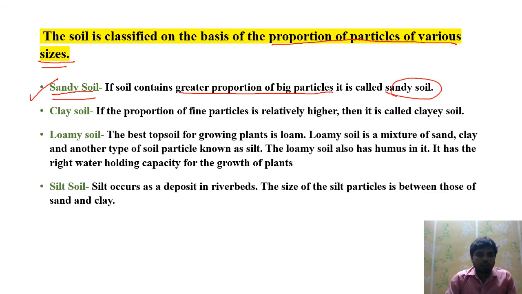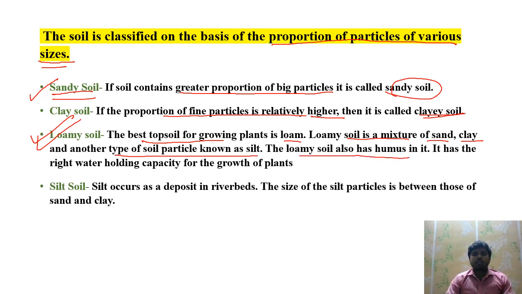Clayey soil: if the proportion of fine particles is relatively higher, it is clayey soil. What is loamy soil? It is the best soil for growing plants. Loamy soil is a mixture of sand, clay and another type of soil particle known as silt. It also has humus in it, and it has the right water holding capacity for the growth of plants.